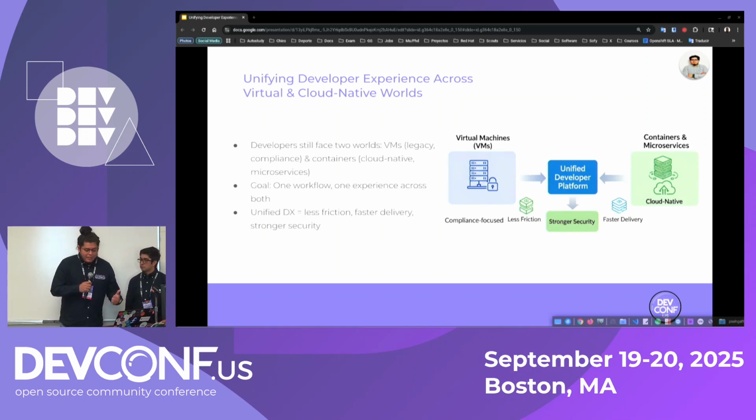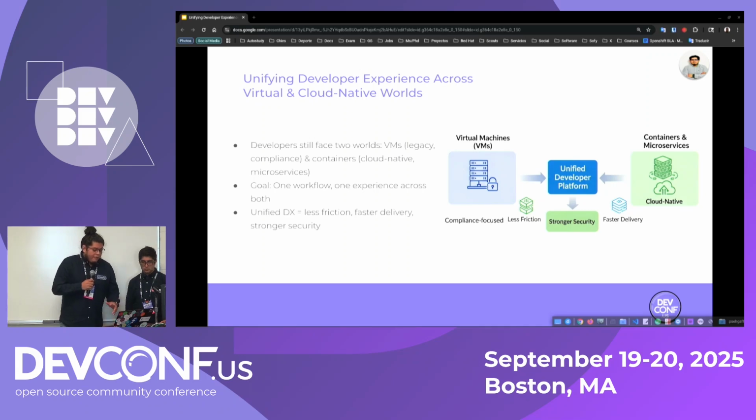On one side, VMs, critical for legacy systems, compliance-heavy industries, and regulated workloads. On the other side, containers, the engine of cloud native microservices and decentralized apps. The challenge is that these worlds rarely connect seamlessly. That's why the goal must be one workflow, one experience across both environments.